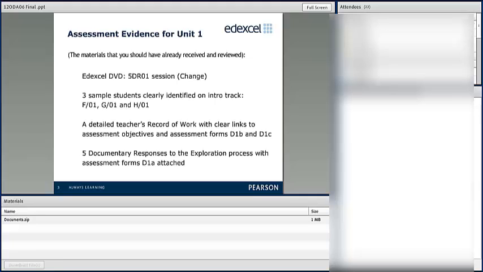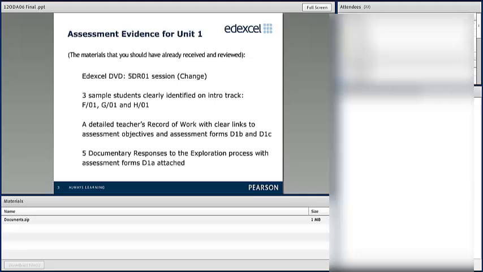So already what you should have received would be the DVD for Edexcel, which for Unit 1 covers the theme of change. The DVD actually has both the 5DR01 and the 5DR02 work on it, and the records of work and the documentary responses for Unit 1 are in a red booklet, which also contains the Unit 2 materials.